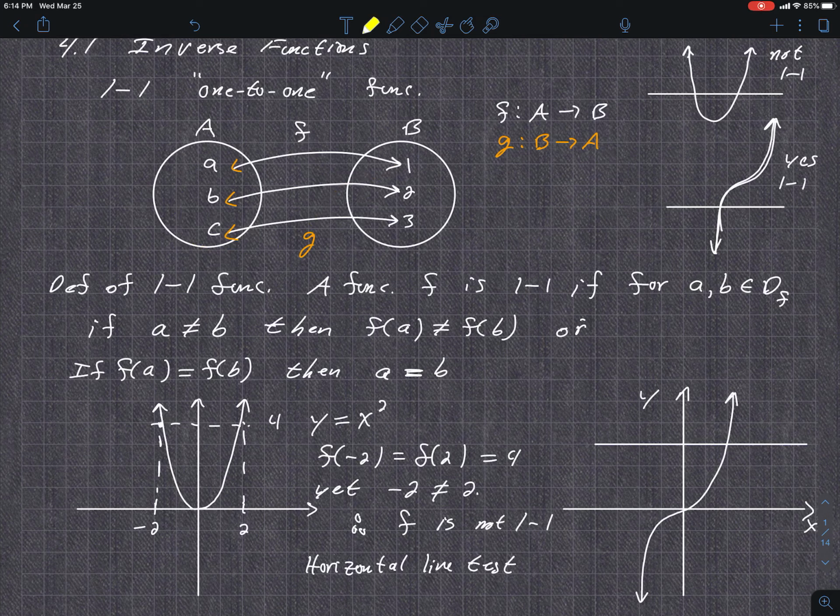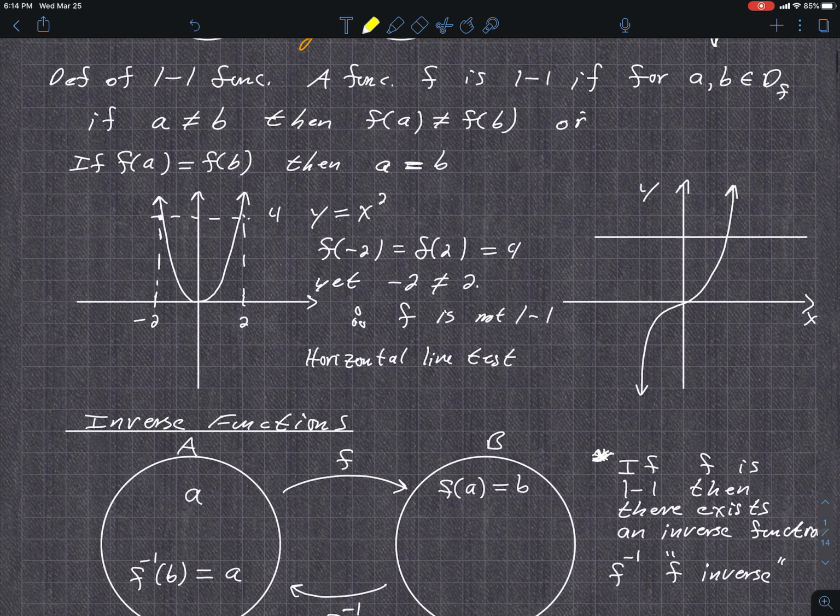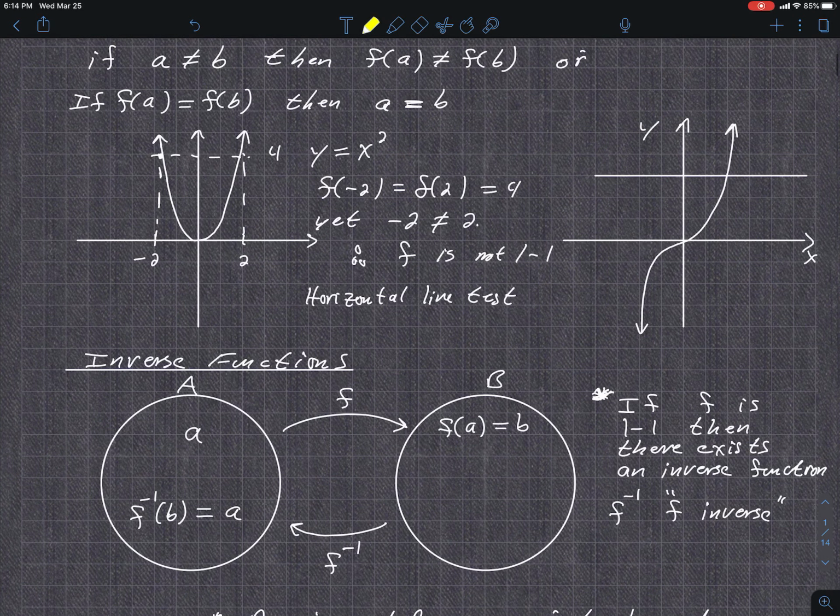All right, so then we defined it, but what I really want you to know is the horizontal line test. So any horizontal line, if you move that around and it crosses that parabola more than once, then it's not one-to-one. We don't want that to happen for one-to-one.